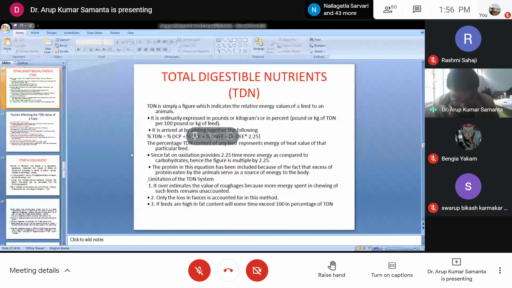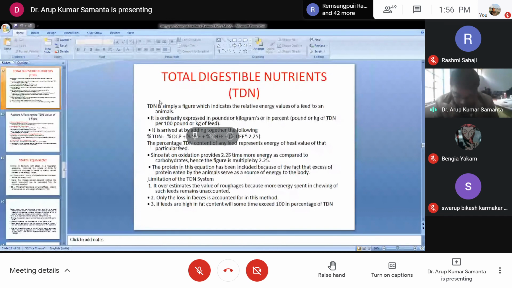So that is not generally considered in TDN calculation. If very high quantity of losses is there, that is actually considered, but gaseous losses and losses in chewing are not considered. That's why that is the disadvantage.